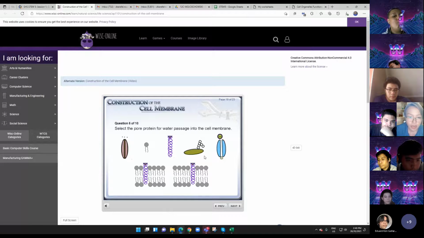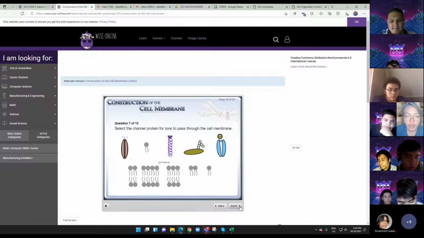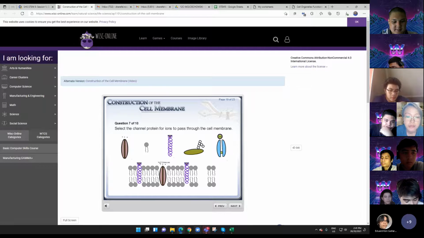Asa din ang pore protein, katong agianan sa water, Gonzales? First one, ma'am. First. Okay, good. And then, asa din ang agianan sa ions? First, second, third, fourth, fifth. Katong mga dagko nga mga molecules so that it can go into our cell. Na mo close, mo open.